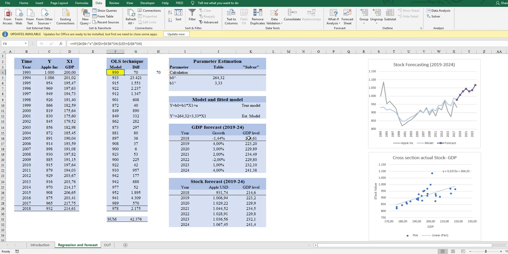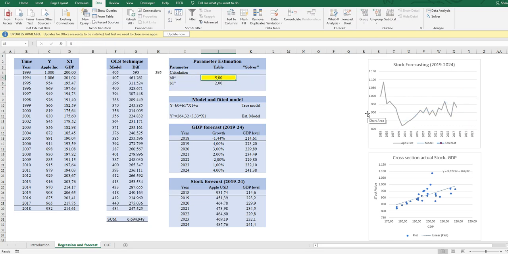And in this case, the modeled price is some parameters that we put in here. So it's just a guess, and then we take that difference for all of them.